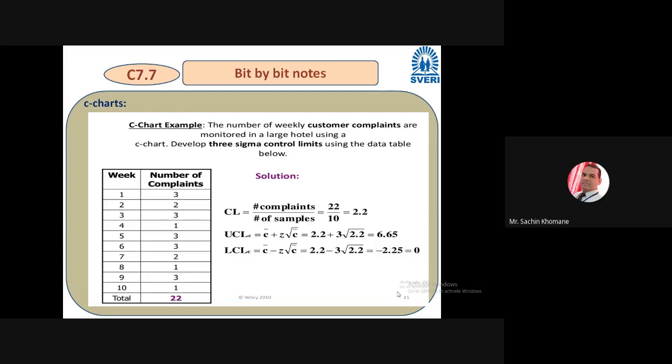If you calculate them correctly, you can easily draw.